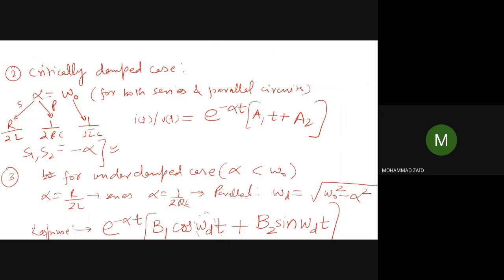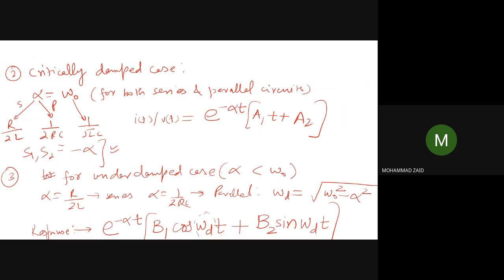And it's simple, it is defined in terms of omega naught and alpha. If omega naught is already known, because it is 1 over under root LC, and if alpha is known, then you can easily calculate omega d and write the expression.